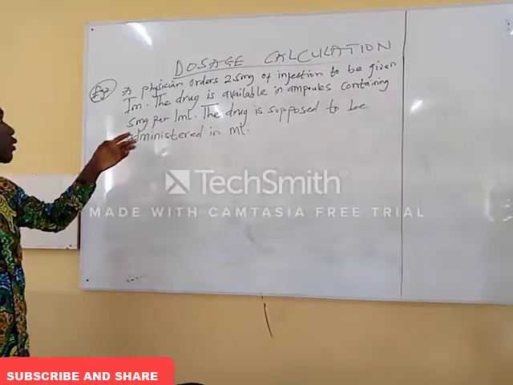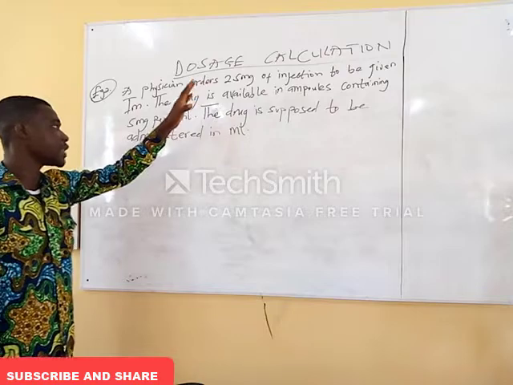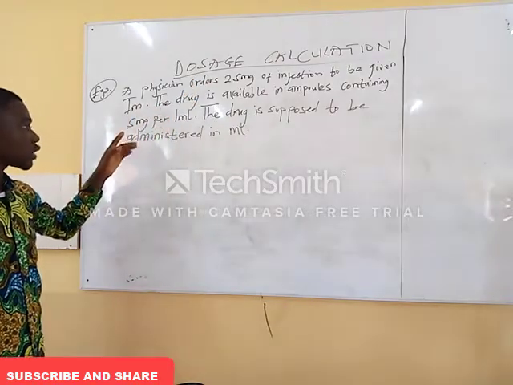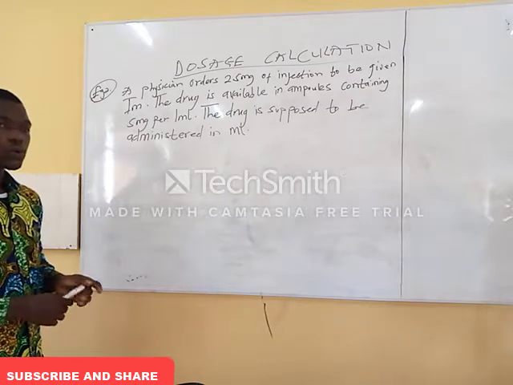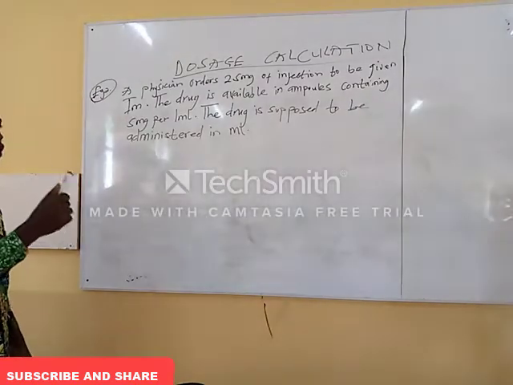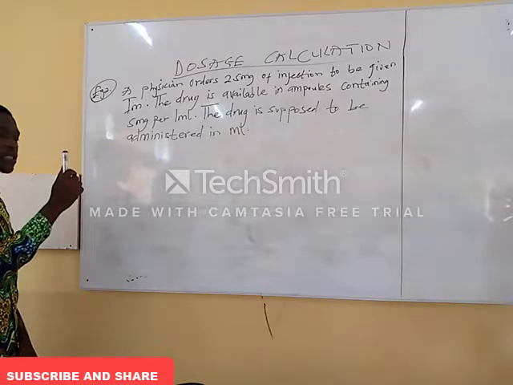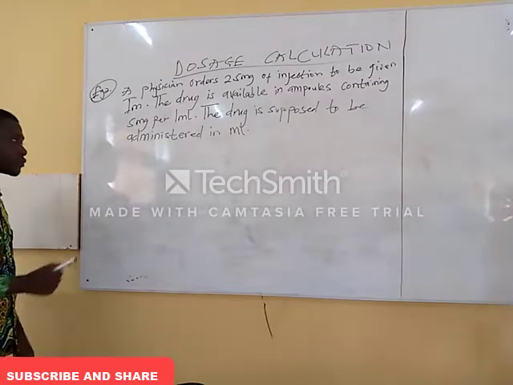So what the physician orders is here, the amount on hand is here, the dose on hand is here. So you have to bear in mind that you are going to calculate the dose or the quantity of drug to be given.